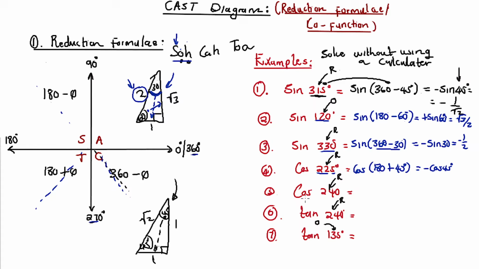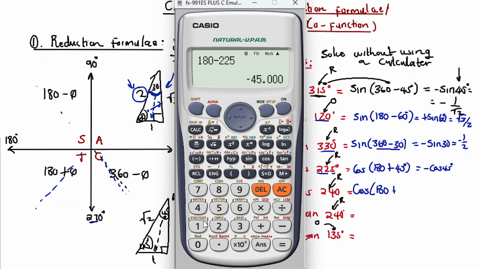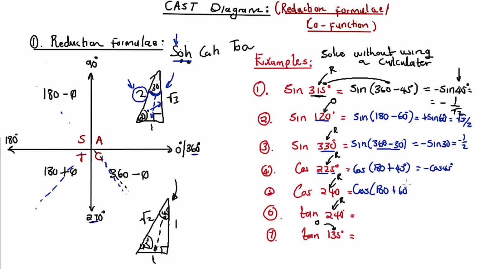Okay, so cos 240, where's 240 found? 240 is again in the third quadrant, right? So it's going to be a cos, open bracket, 180 plus, right? But let's get this acute angle. So it's 240 minus 180, it's 60. So it's 60 degrees.